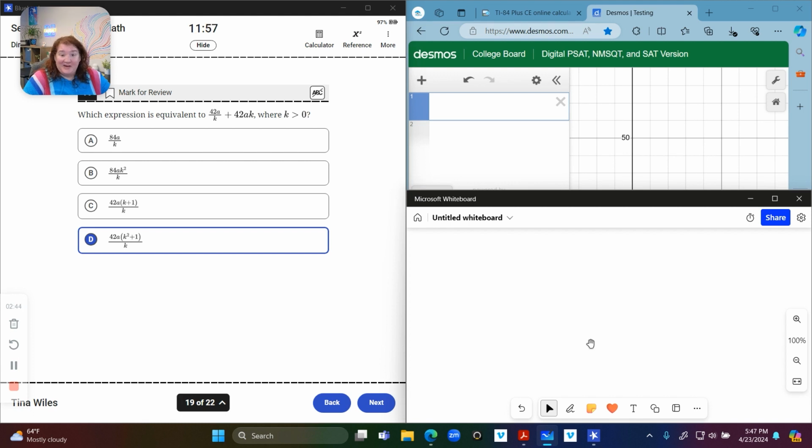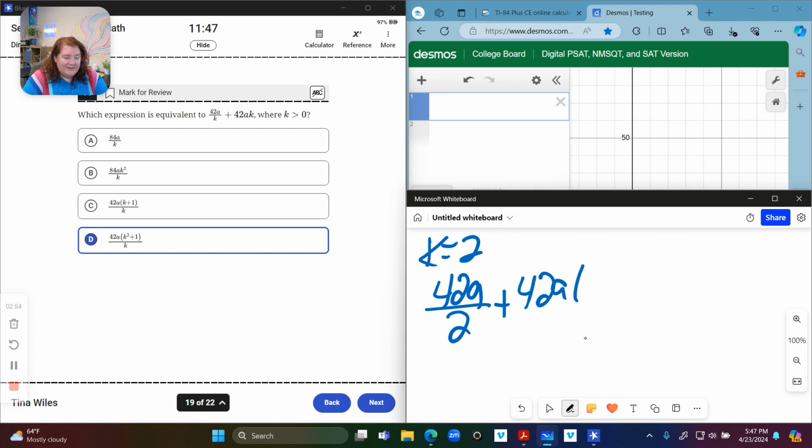So that's not going to help me. But if we said k equals 2, I would get 42a over 2 plus 42a times 2. So this is going to be 21a plus 42 times 2 is 84a. 21a plus 84a is 105a.